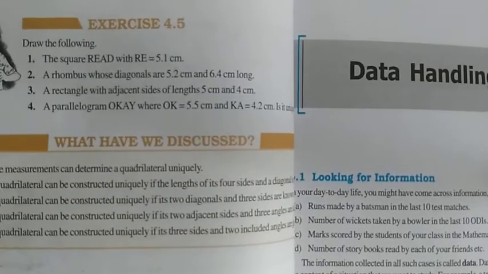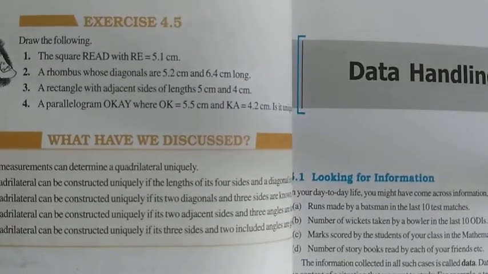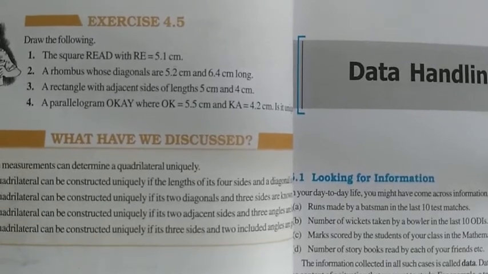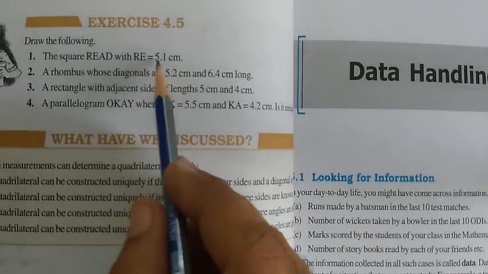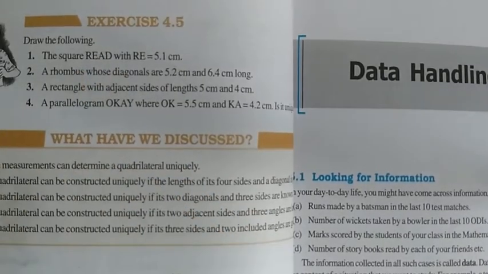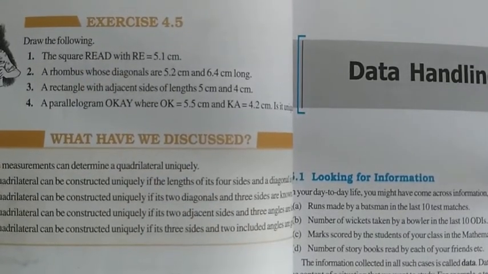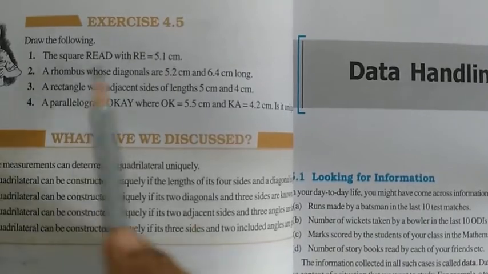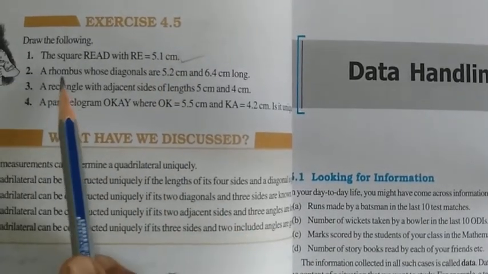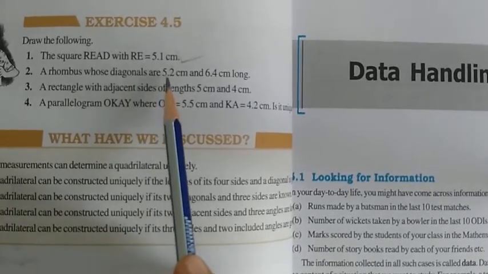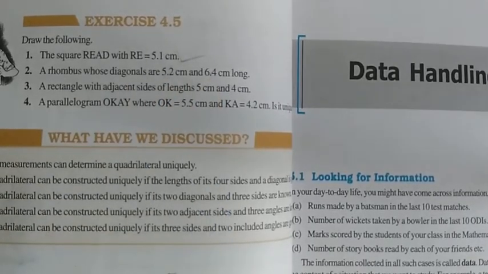Here our exercise 4.5, question number 1, the square READ with RE means any one side is given. So we know that in the square all the sides are same and all angles are right angle 90°. So we can draw it very easily, so you have to do it by yourself. Next, rhombus whose 2 diagonals are given, 5.2 and 6.4.